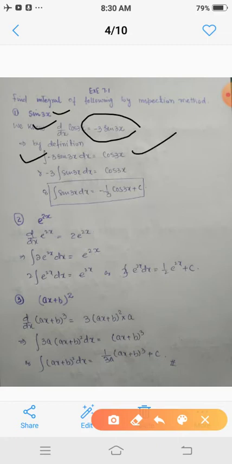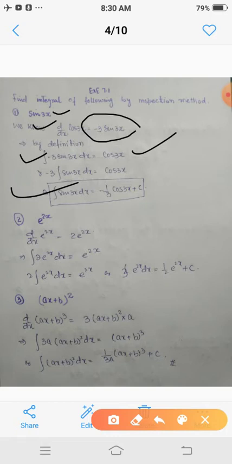Minus 3 is a constant, so we can take it out of the integral sign, which implies that minus 3 integral of sine 3x dx equals cos 3x, or simply the integral of sine 3x dx equals minus 1 upon 3 cos 3x plus c. So this means that the indefinite integral of this function is minus 1 upon 3 cos 3x plus c.